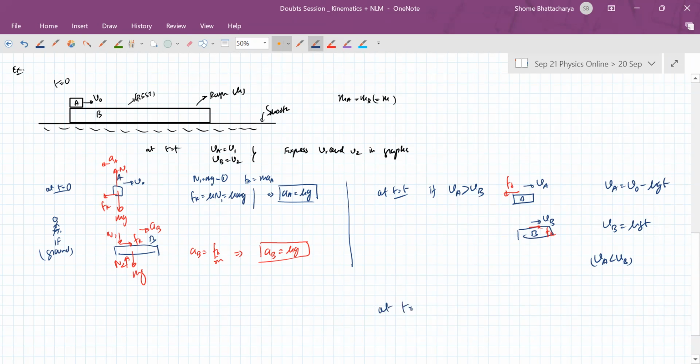But at T equal to some other time T prime, let's say, if VA has become equal to VB, then the relative motion ceases. So kinetic friction stops acting.